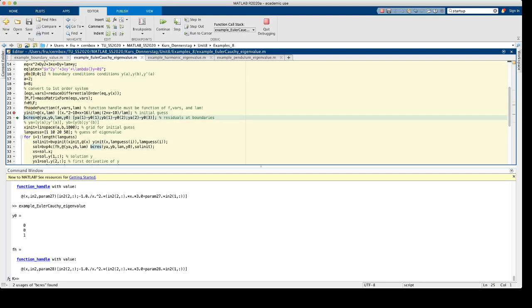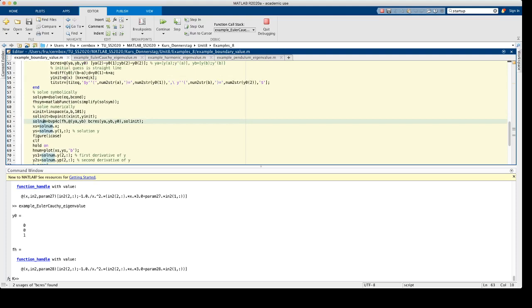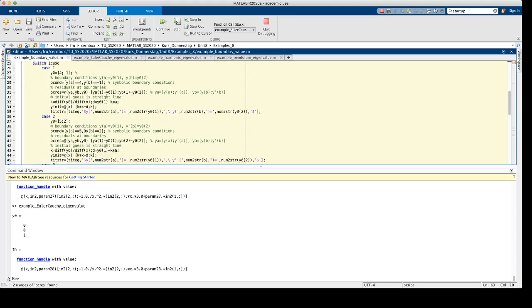If we compare it to the function handle in the previous video, in the boundary value problem, this function handle was a function of ya, which is y and y prime at a, yb, which is y and y prime at b, and the initial values that we have defined.